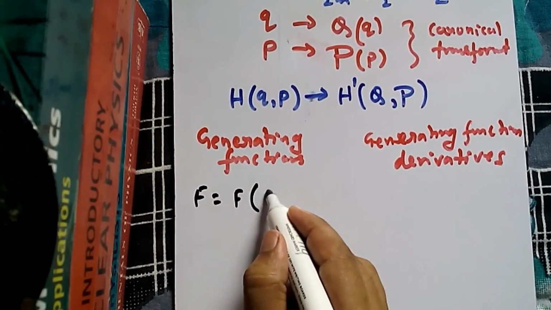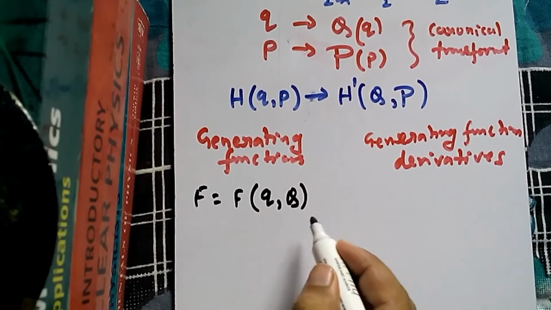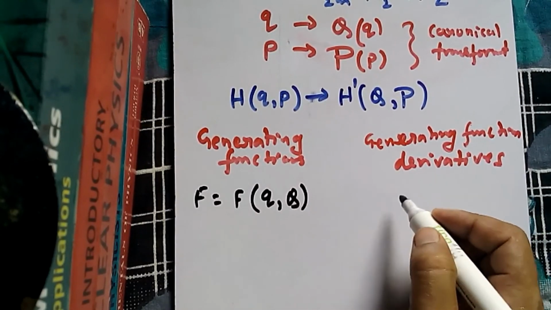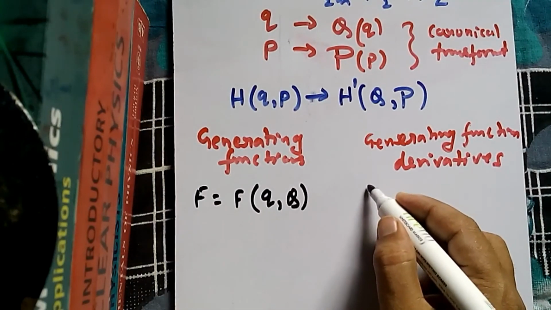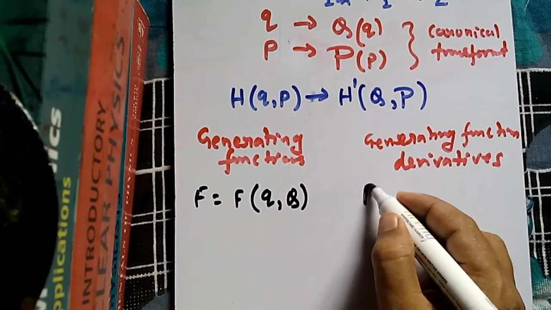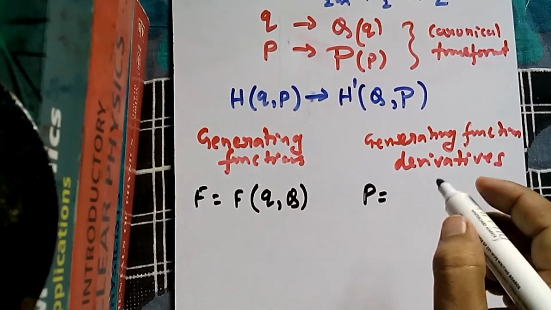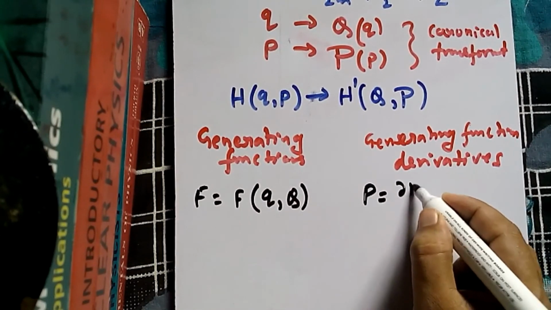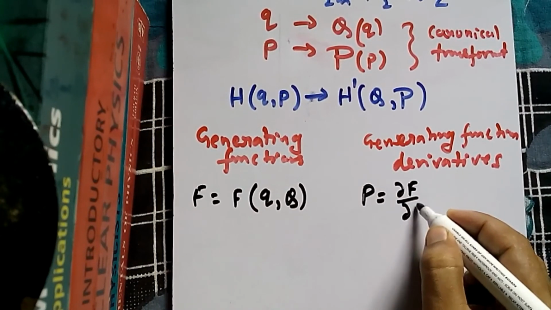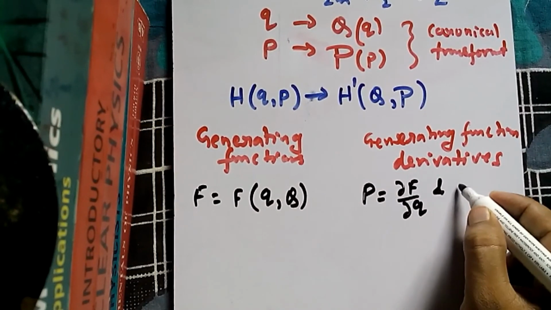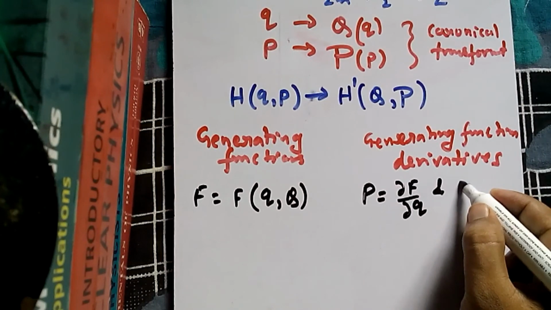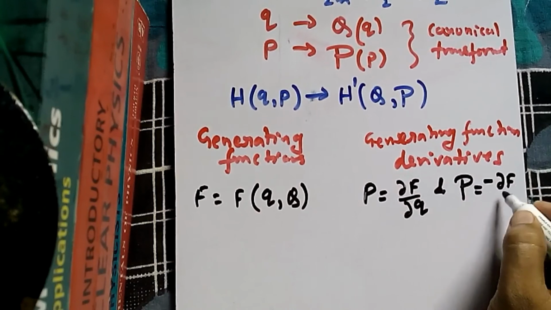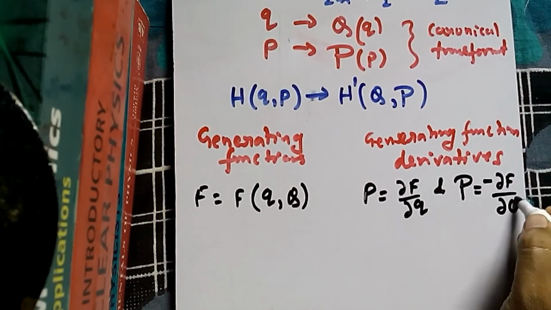Generating function could be a function of small q and capital Q. This function can be differentiated with respect to small q and capital Q. So we have two formulas, and capital P is equals to minus of del F by del capital Q.